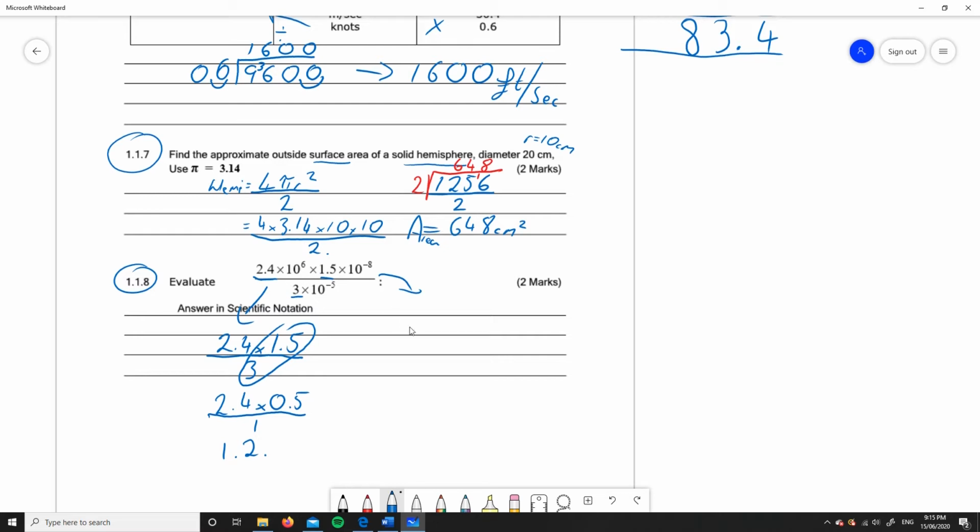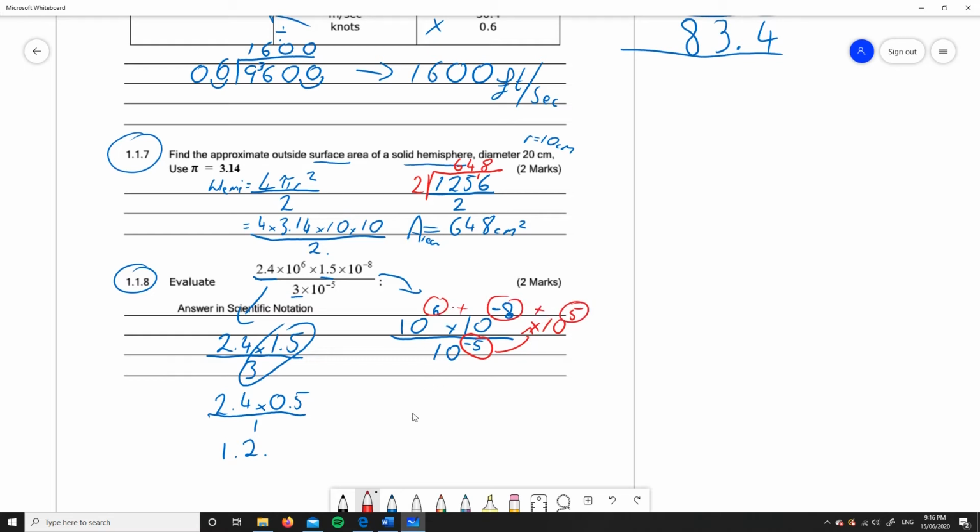Over the other side now, working with my indexes. So if I'm looking at 10 to the power of 6 times 10 to the power of minus 8 over 10 to the power of negative 5. Because that's a negative 5, I can move that around up here and just make it times 10 to the power of positive 5. So when I'm multiplying all these, it is essentially going to be that plus that plus that.